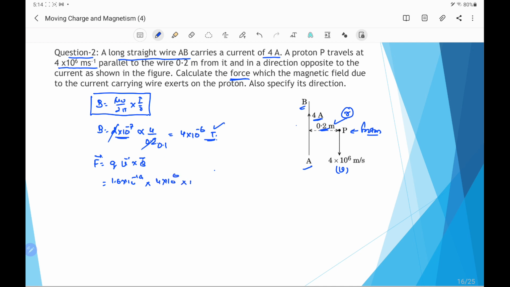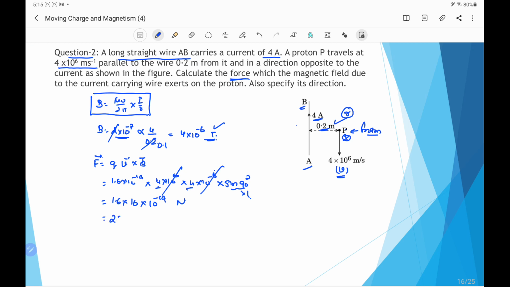B we have calculated, 4 into 10 power minus 6, and sine of the angle between the velocity and B. Velocity is downward and the field, given by the right hand rule, will be perpendicular downward at the point P in the shown figure. Therefore, we can say that velocity and B are perpendicular, so theta is 90 degrees and sine 90 is 1. Simplifying it, it is 1.6 into 4 into 4, 16, into this minus 6 and 6 will get cancelled, so it is 10 power minus 19 Newton.